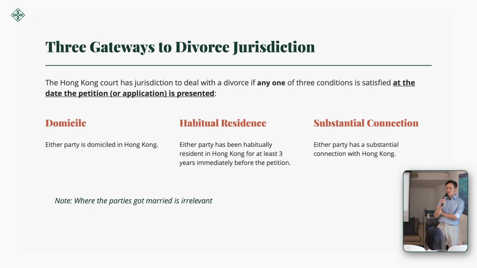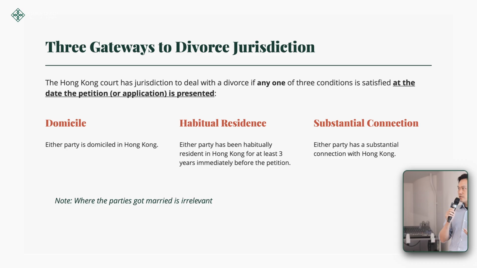These are quite heavy topics if we want to go in depth, because there is lots of case law on that. But in gist, if one party lives in Hong Kong, basically the Hong Kong court would have jurisdiction to deal with the divorce, even though the kids are not in Hong Kong, or if the parties do not conduct their married life in Hong Kong.